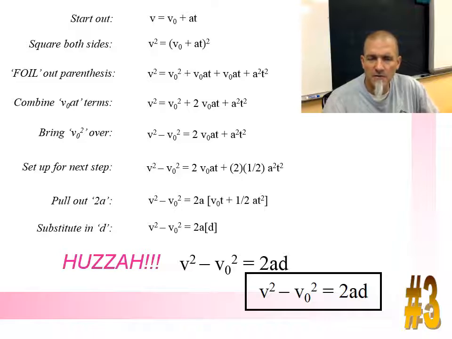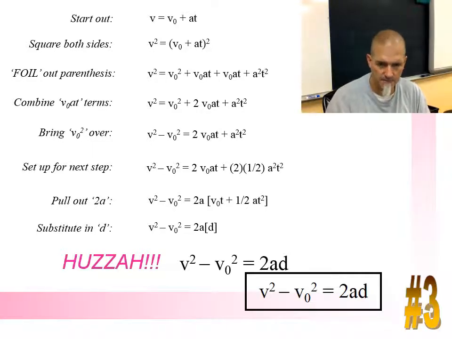really what we did here is we combined equation 1, v equals v0 plus at, and equation 2, v0t plus 1/2 at squared. We combined those two equations together, and we factored out the t. This is one equation that basically takes the place of equation 1 and 2.